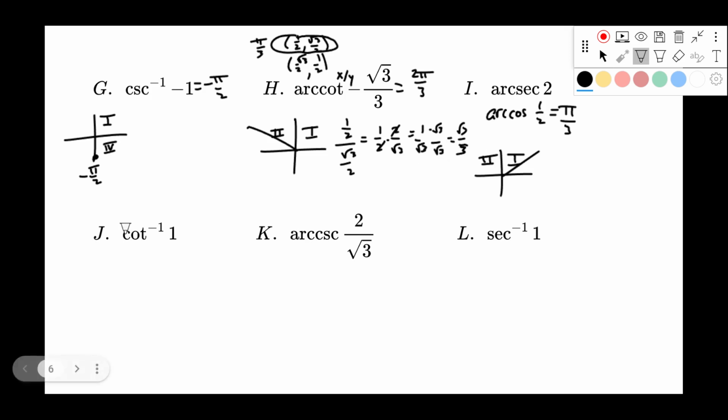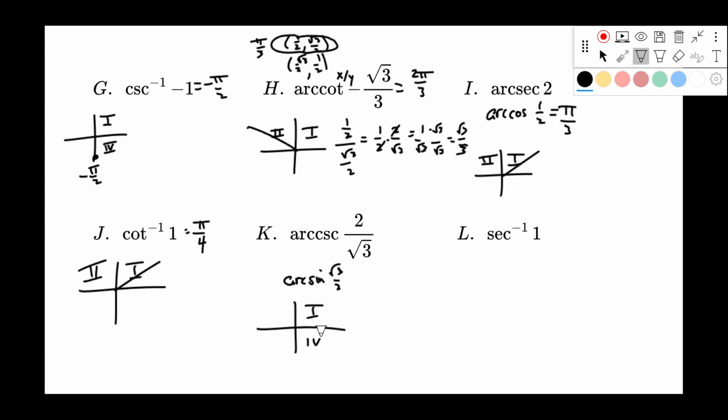There's my answer. Arccotangent of 1. Arccotangent lives in quadrant 1 and quadrant 2. It's positive, so my angle is pi over 4. Where are the x and y coordinates the same? At pi over 4.